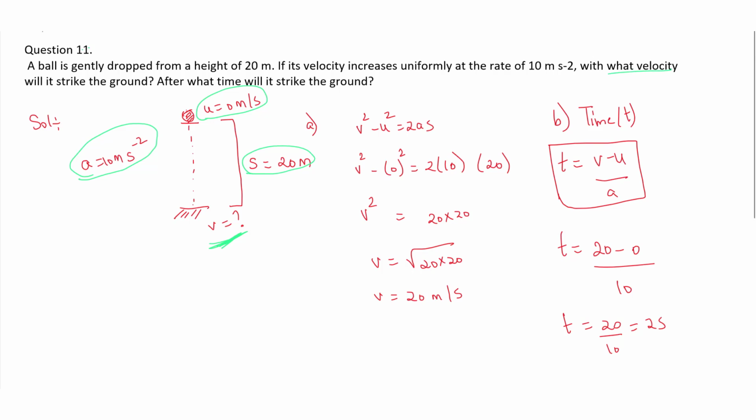With what velocity means I'll have to find my velocity. I used the third equation of motion to solve. My v is equal to 20 meters per second, and for t, the time taken, from the first equation of motion, or you can say from the acceleration, time, velocity relation, I solved this and got t is equal to 2 seconds.